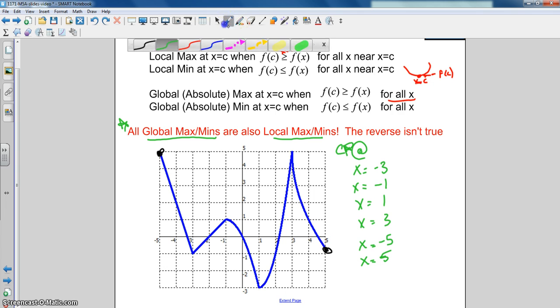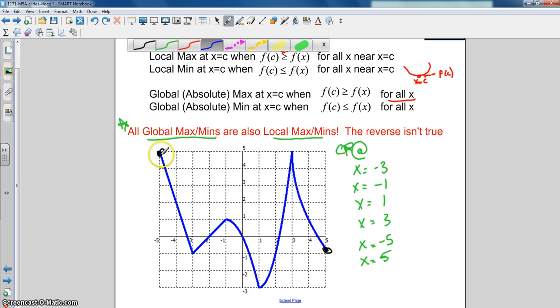I'm going to use blue to determine whether each of these is a local max or min. It is a property that all critical points are usually either a local max or a min. There are some exceptions, and we'll see those when we discuss the first derivative test in the next video. But for right now, we're just going to go with that idea. If we have a critical point, it's going to be either a local max or a min, and we also have to include endpoints.